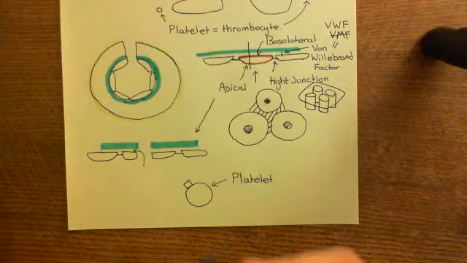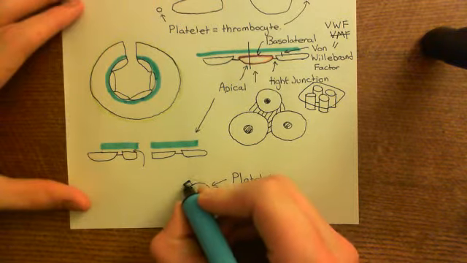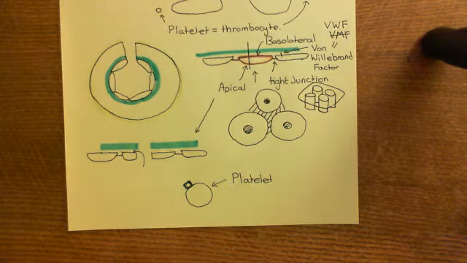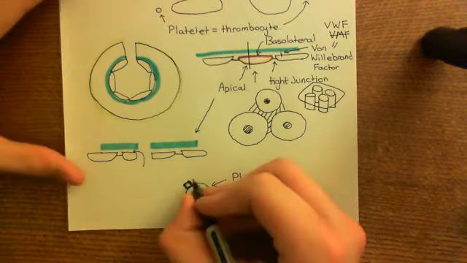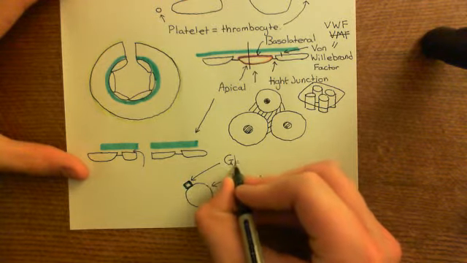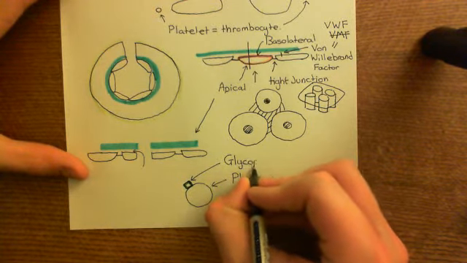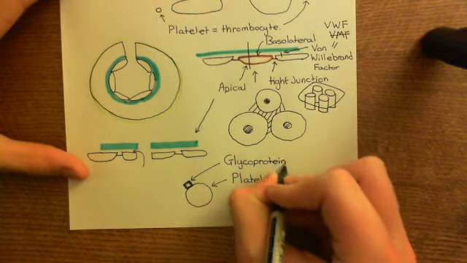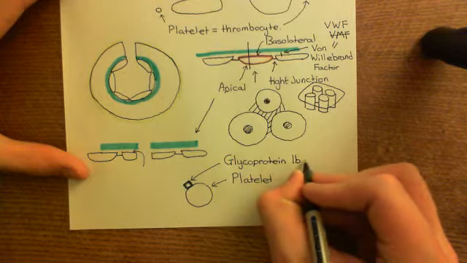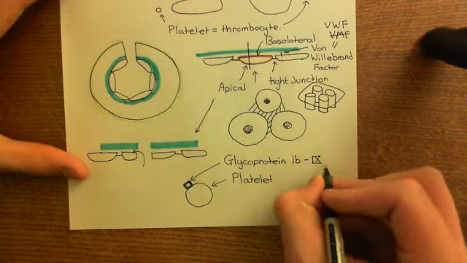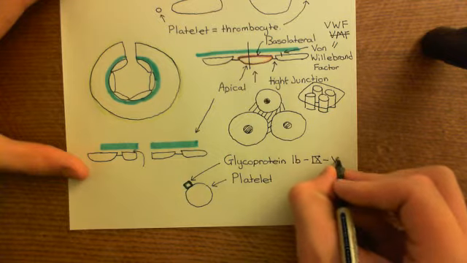Okay, so this protein is by the name of glycoprotein Ib-IX-V. Okay, so this has the rather fantastic name, glycoprotein, which basically means a protein with some sugar groups stuck onto it. Glycoprotein Ib, and then we have IX in Roman numerals, of course, because it's grandiose.